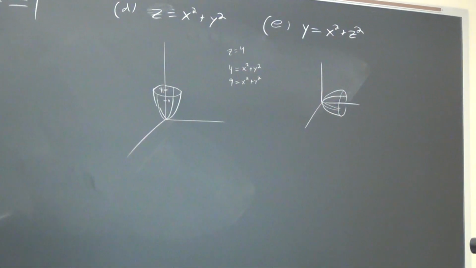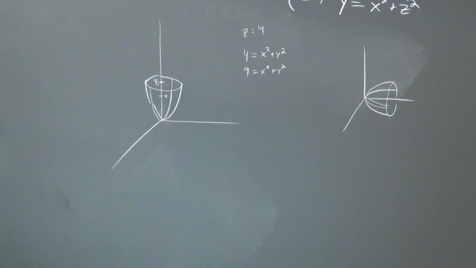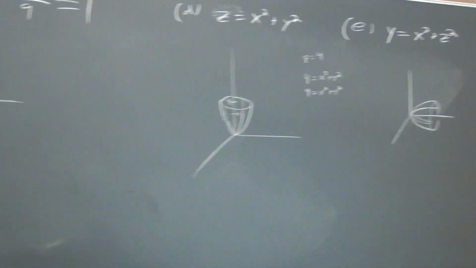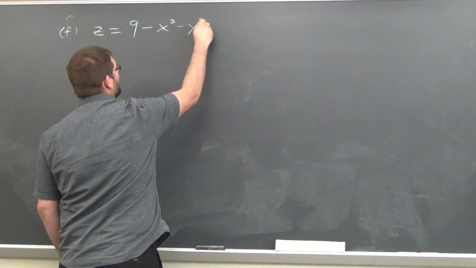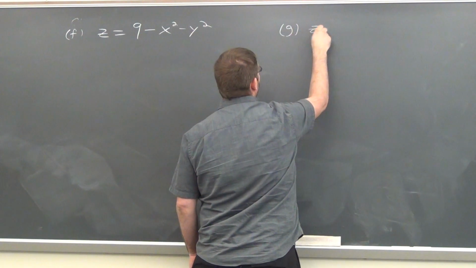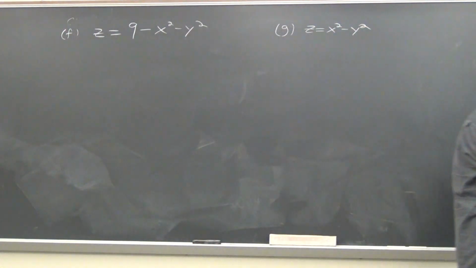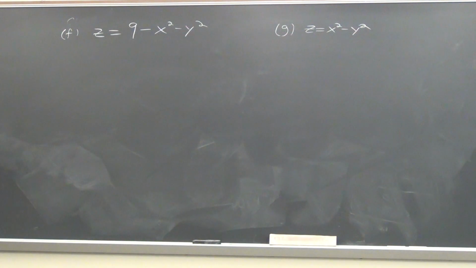And maybe we'll just do 2 more here. Let's keep kind of the same setup. What if I had 9 minus x squared minus y squared, and then x squared minus y squared. The last one I'll be terrible when I try to draw it, but that's okay.